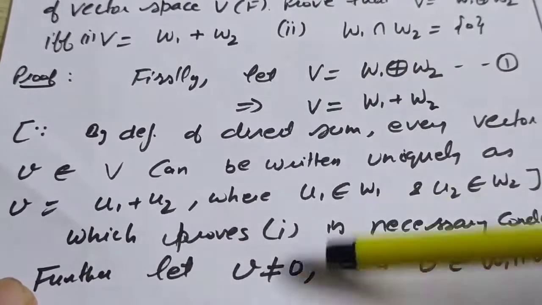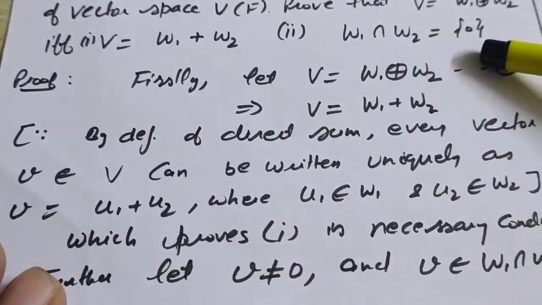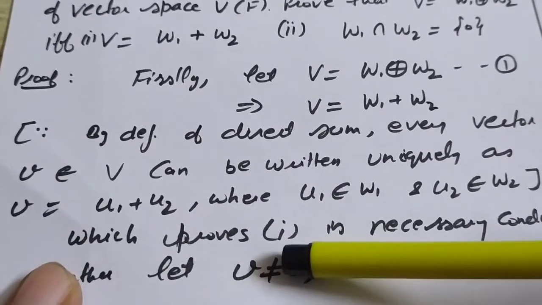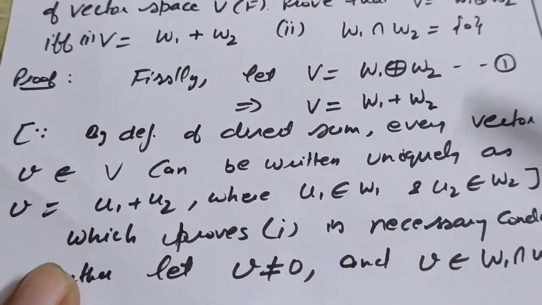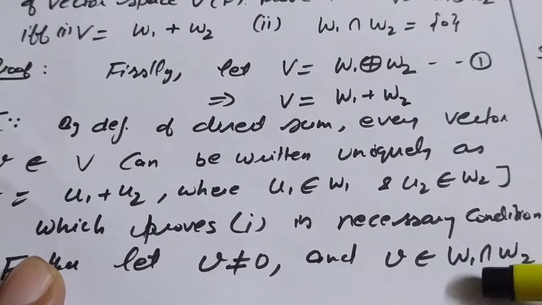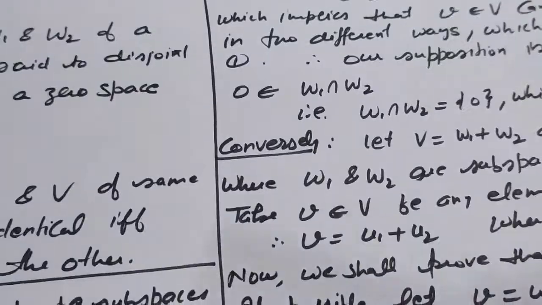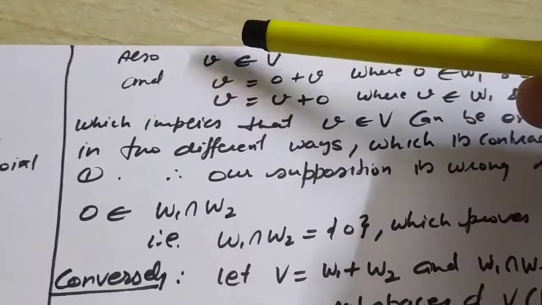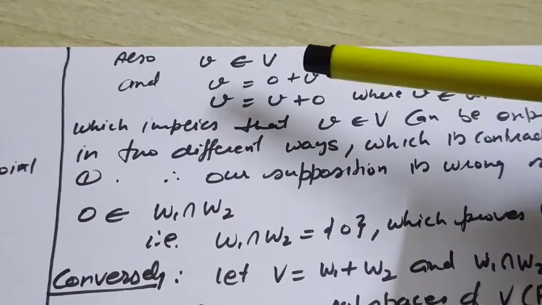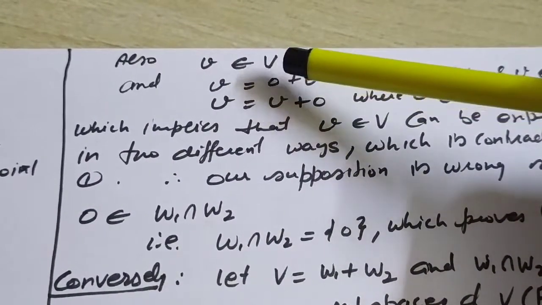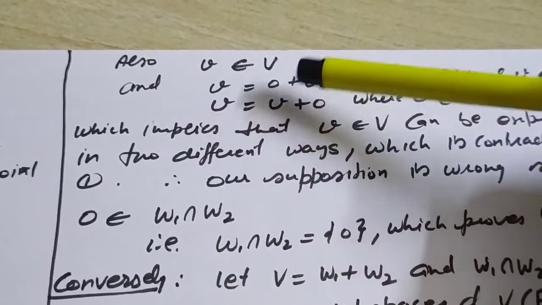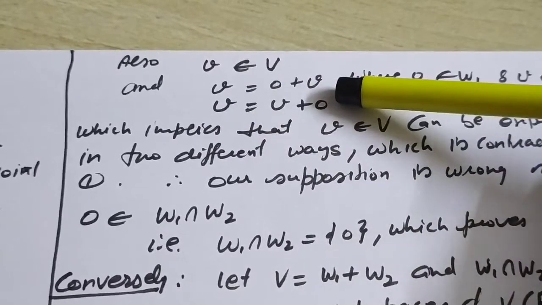Further, I will now prove that W1 and W2 on intersecting give the zero space. For a short while, I suppose that the intersection is not zero, and that v belongs to W1 intersection W2, also v belongs to V. Now you see, I am writing v in two ways. In the first way, I write v as the sum of two vectors, 0 plus v, and at the same time also as v plus 0.